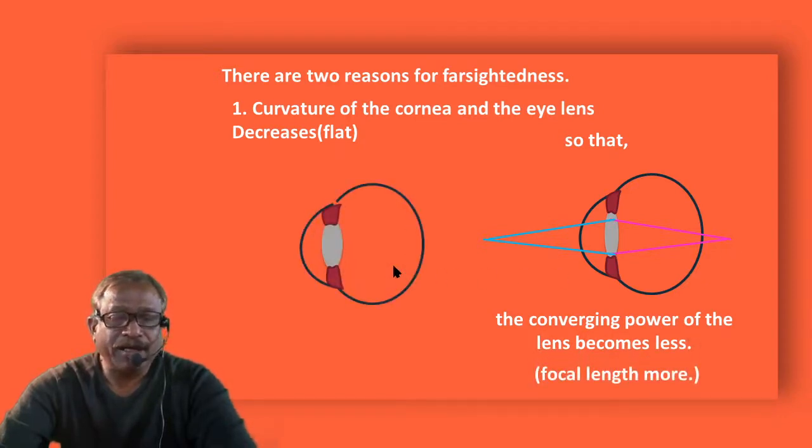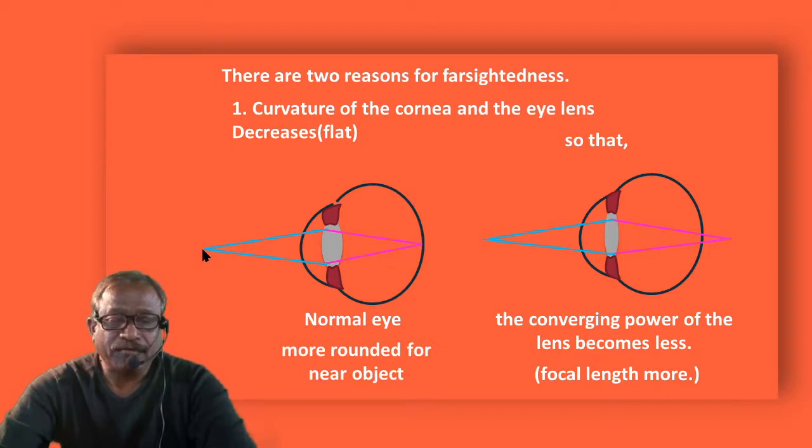But in the case of a normal eye, the rays that come from the nearer object fall on the retina, because the lens in the normal eye adjusts the focal length.